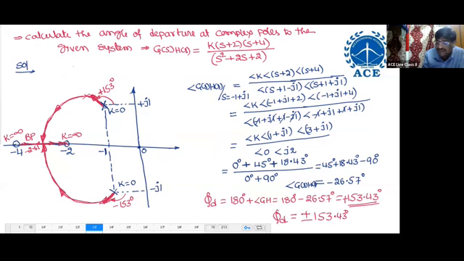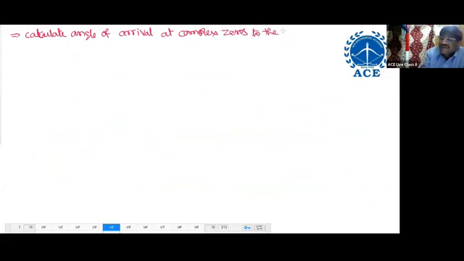Next problem. Calculate angle of arrival at complex zeros to the given system.